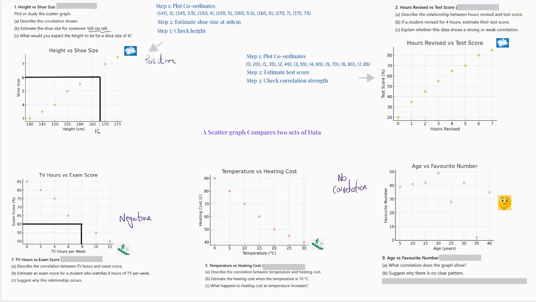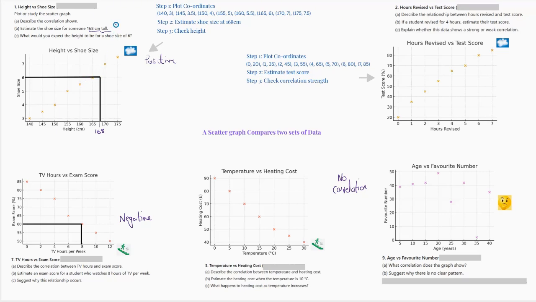I've guesstimated it here. I believe it to be right. And then we've got to look for the shoe size because that's what it's asking us. So you go all the way up to your closest dot where your line goes through. And we can see that the shoe size is 6.